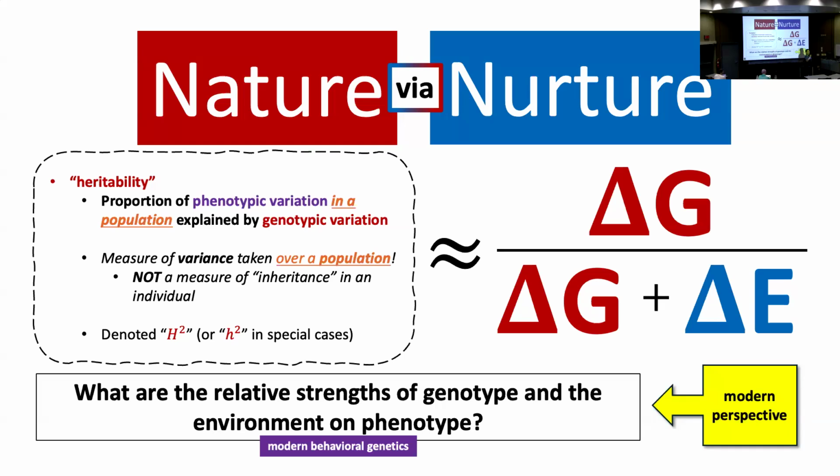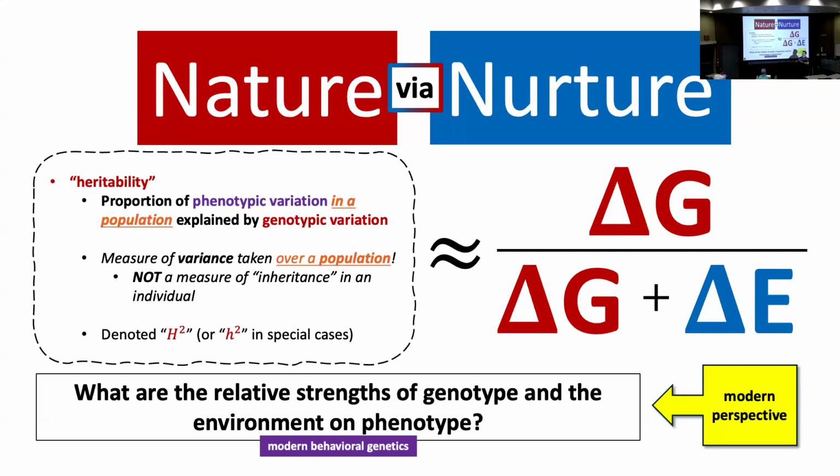Heritability is this ratio: if you manage to measure all of the variation in genotype and all of the variation in phenotype, is this fraction 1.0, which means the genes predict everything? Or is this fraction 0, which would mean the genes seem to have no correlation to the phenotype?